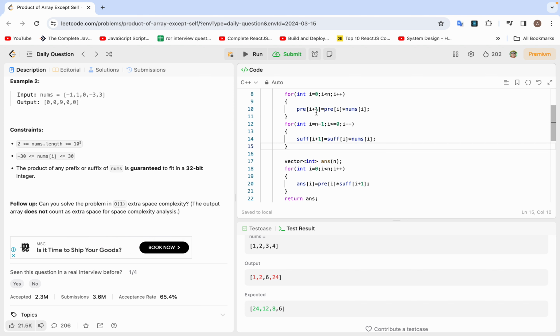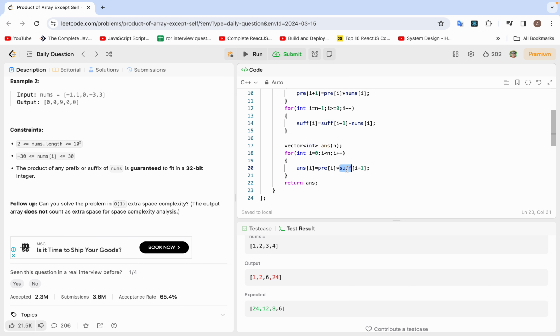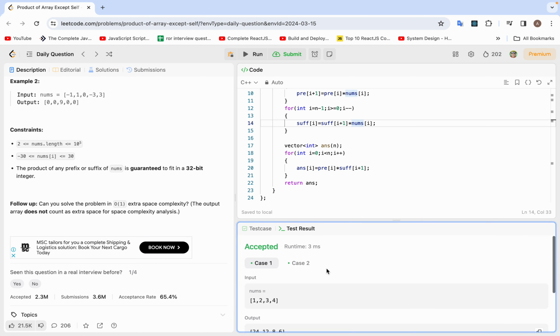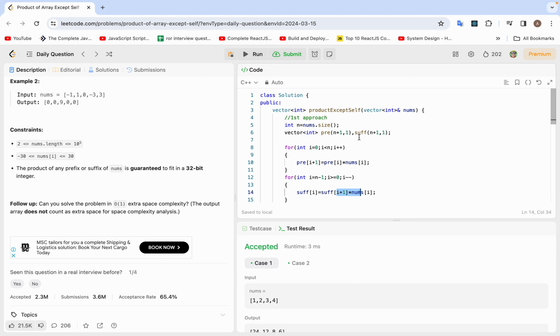This prefix is correct. I think there is some problem in suffix. Suffix of I. Okay, right, I think this is the problem. This should be I plus 1. Yeah, this should be I plus 1. Let's submit it.